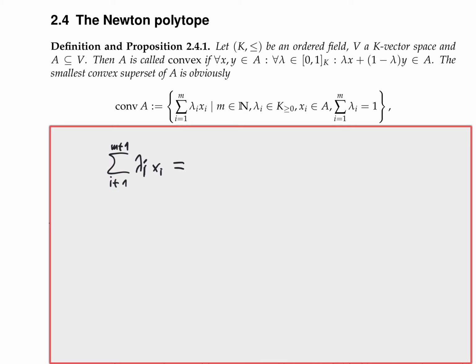If lambda m plus 1 is 1, then all the other lambda i's are 0 and there's nothing to do. So without loss of generality, lambda m plus 1 is not 1. Then I can here write 1 minus lambda m plus 1 times the sum.